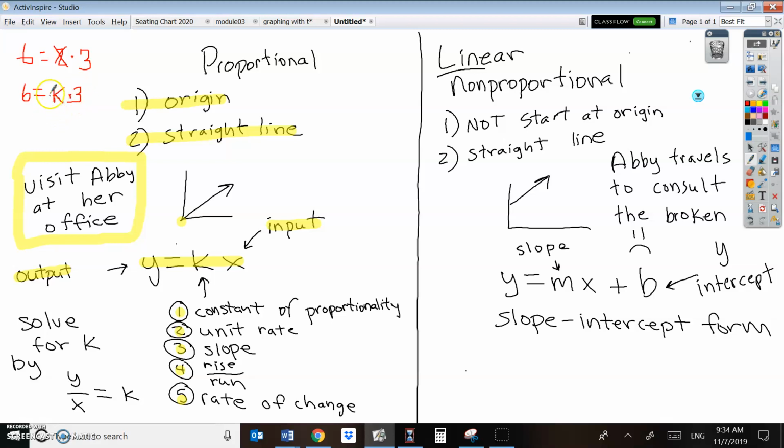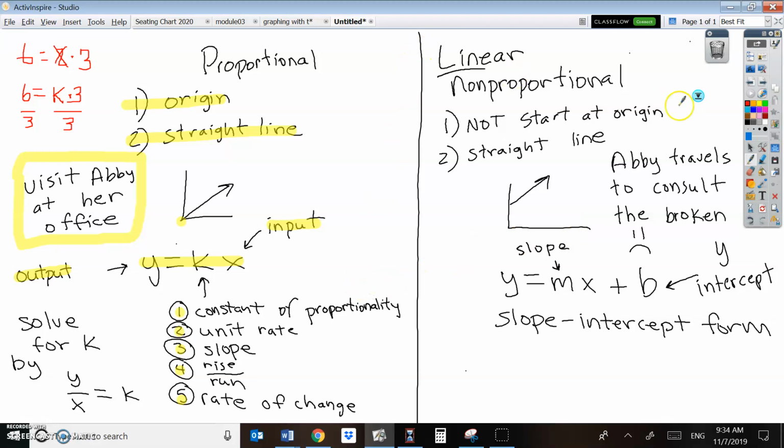If you didn't know, and this problem is obvious, you could divide by 3 on both sides, and then you would have k equals 6 divided by 3, or y divided by x. So that's how you solve for k.